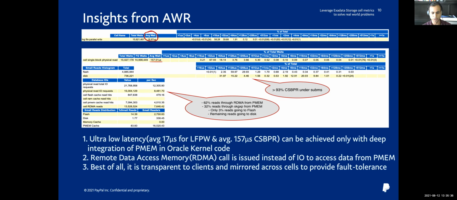Some of these things are mirrored across multiple cells, and that's where you can imagine ASM high redundancy, right? Whatever is happening on the storage cells is also mirrored, so that if there are failures, you are not seeing the performance impact from the database standpoint.